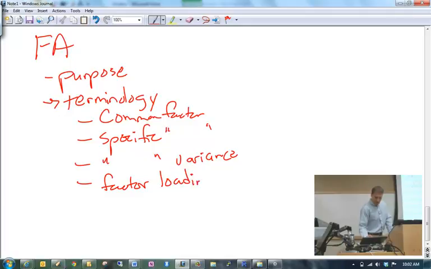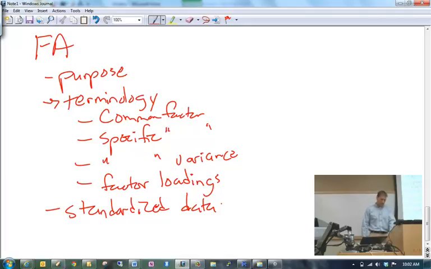What is a uniqueness? I could keep on going. There's a lot of terminology associated with this section. I guess also with principal component analysis, why do we typically use standardized data? Make sure you understand that.